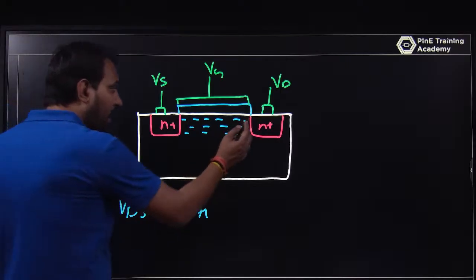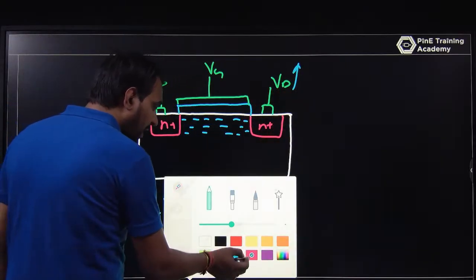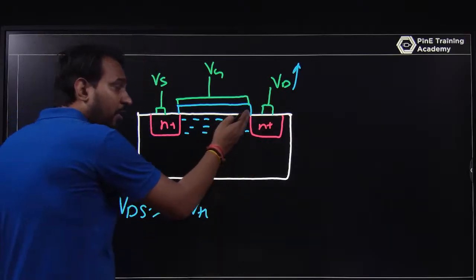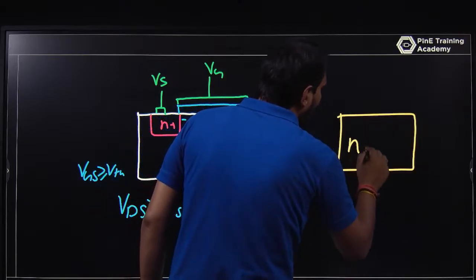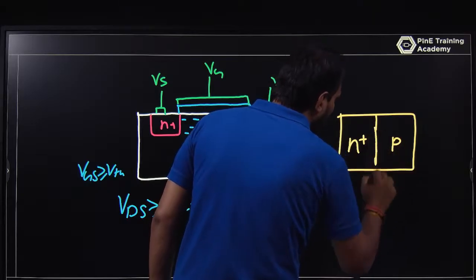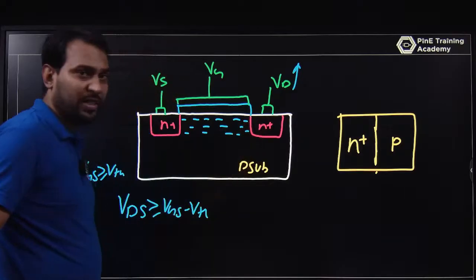As the drain voltage increases, what is happening? Just think in a way, you have an N and you have a P. This is a P substrate and this is N plus.